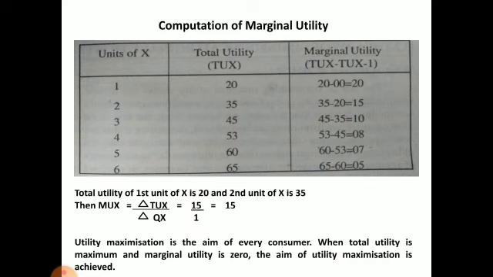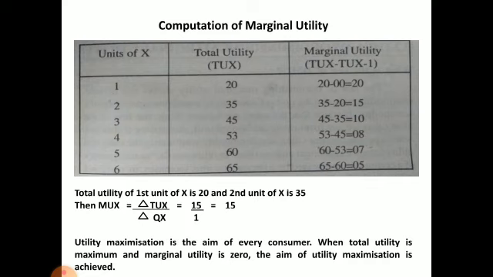You take the total utility of the second unit minus the total utility of the first unit. That is 35 minus 20, which will be 15.